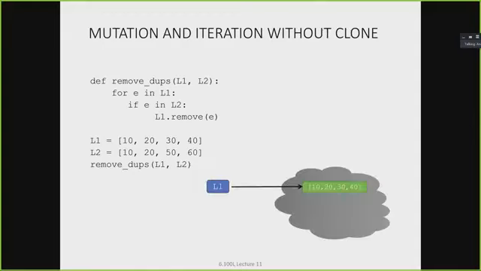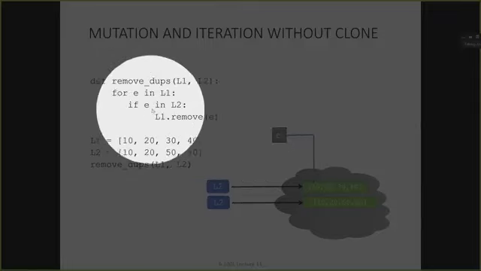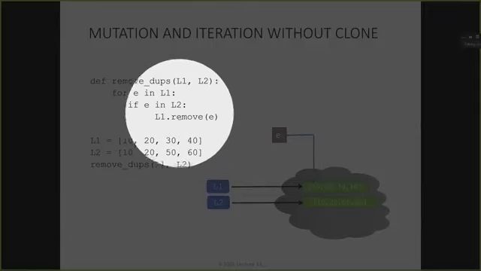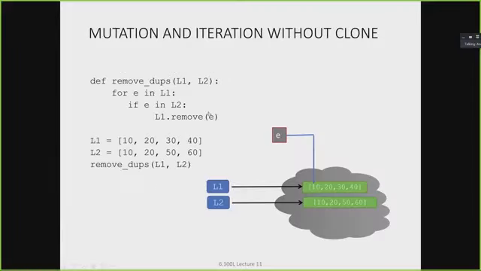So let's just step through this one, just to show you again what can happen. So here I've got 10, 20, 30, 40 for L1, and 10, 20, 50, 60 for L2. In my loop, my variable is E, so first it'll be 10. And we ask, if 10 is in L2, that's true, remove it from L1. So you can see what's going to happen.